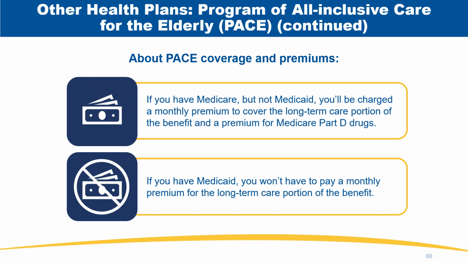If you have Medicaid, you won't have to pay a monthly premium for the long-term care portion of the benefit. So if you go into Medicare.gov and you're looking for a Part C plan, you'll see what's called Erickson Advantage. Erickson Advantage is designated for those who only live in a PACE. So you will not be able to enroll into Erickson Advantage if you do not live in a PACE.